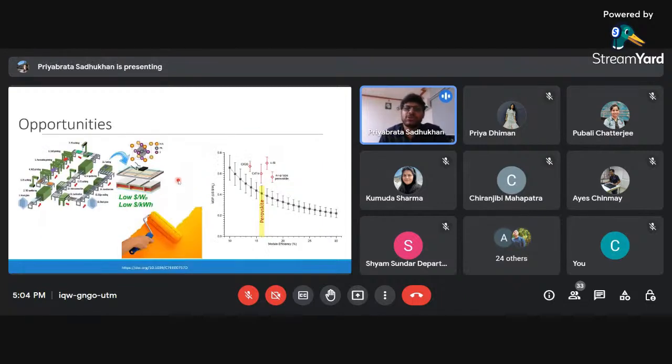So this is possible, and research is going on. But even with these two problems, we have several opportunities, especially for India, because, as I have already told, silicon-based solar cells and electronics are not developed in India because their purification process as well as their fabrication process is very expensive, and they require a very high amount of research and development.